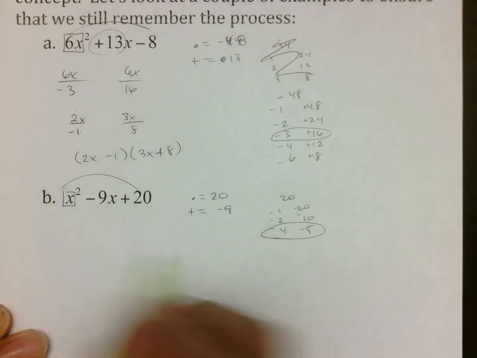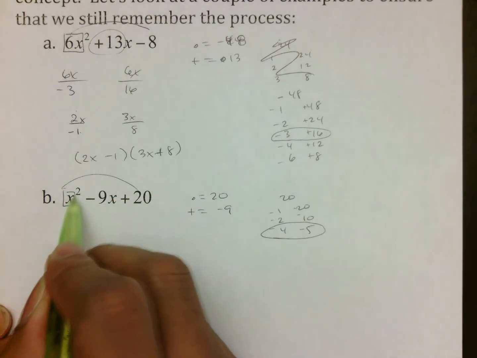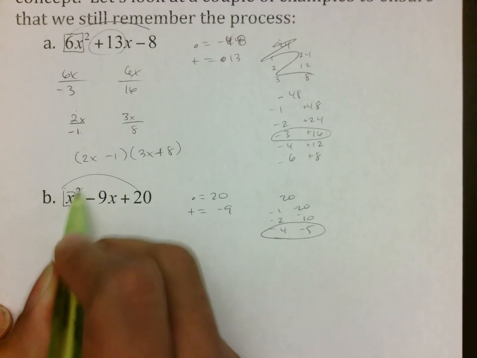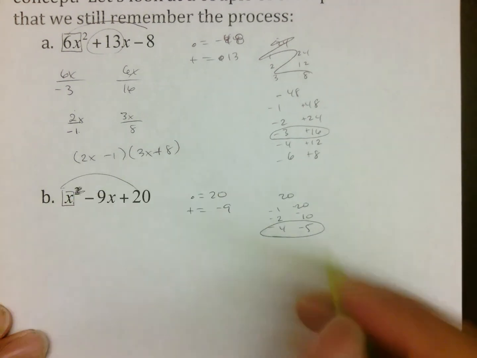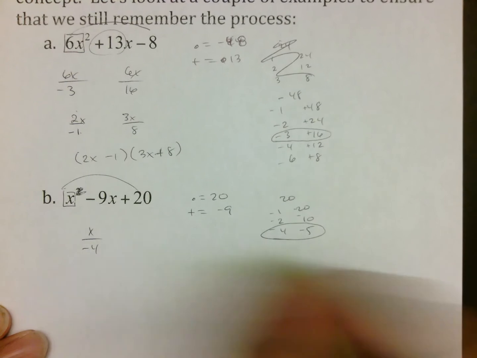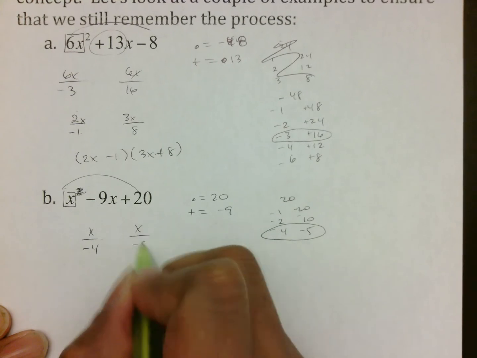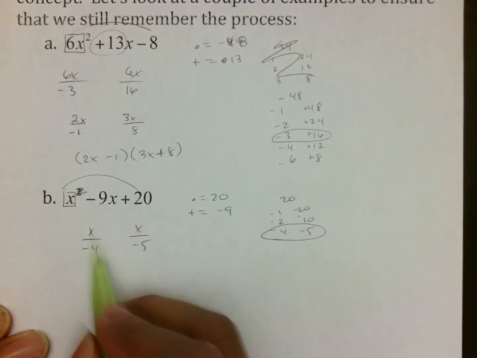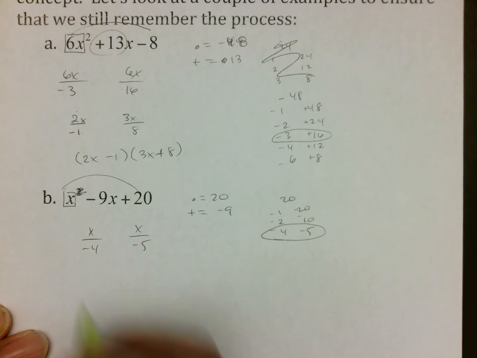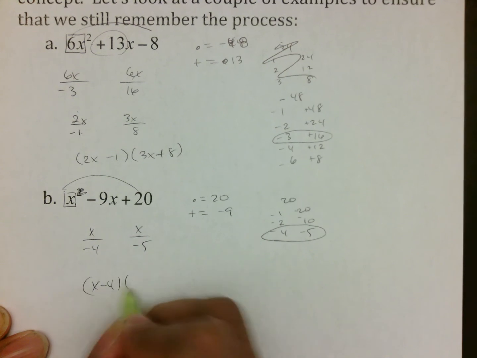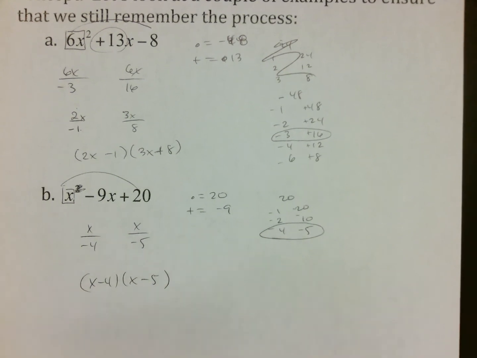Here, the only thing that we can put a square around whenever it's got the x squared is just the x, because again, remember, we ignore the squared in that situation. So we simply put x over negative 4, and we put x over negative 5. There's no way to reduce those, and so you end up with x minus 4 and x minus 5.